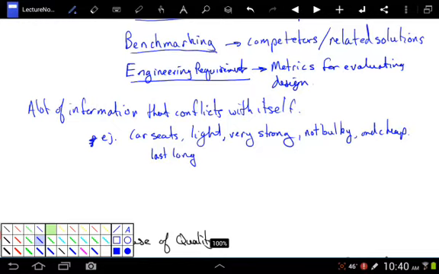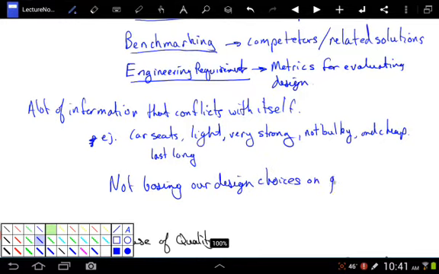So, what we need is a way of organizing this information in such a way that allows us to prioritize different engineering requirements, so that we're not basing our design choices on gut feeling.